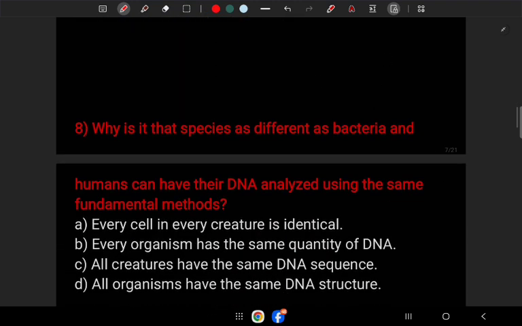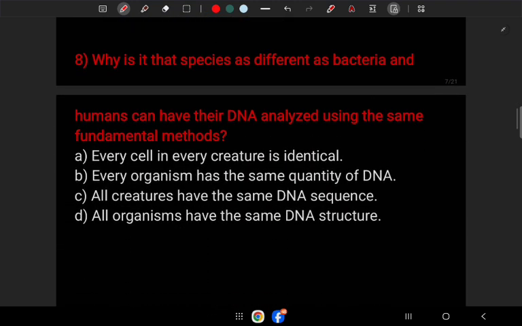Next question: why is it that species as different as bacteria and humans can have their DNA analyzed using the same fundamental method? Because every cell in every creature is identical? Every organism has the same quantity of DNA?